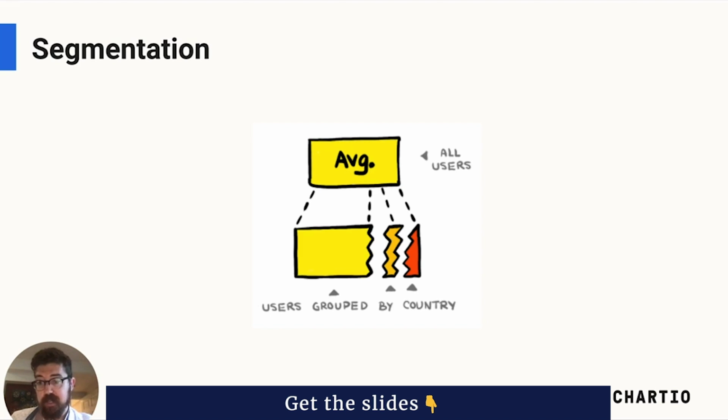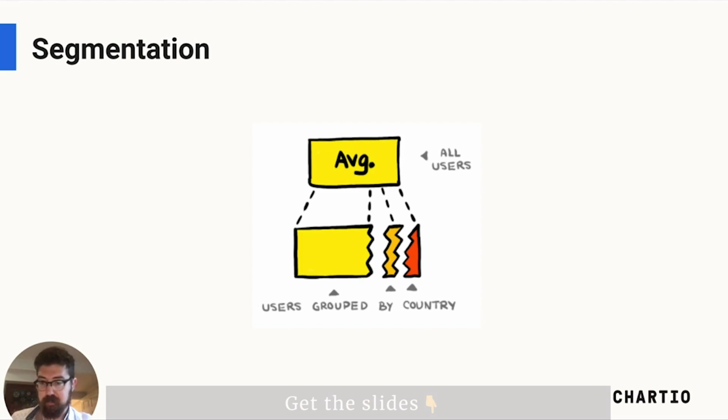So let's say, again, average time on page. If we group that data by country, we might see the average be quite different for different countries. So maybe the US has 10 minutes, France maybe has 2 minutes, and our overall average is 5 minutes. And so does that overall average really feel appropriate anymore?